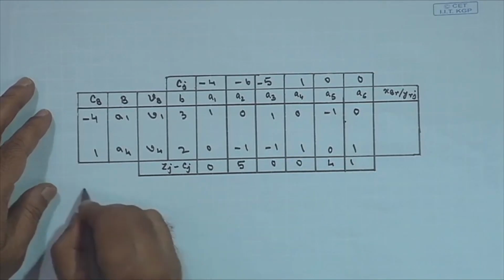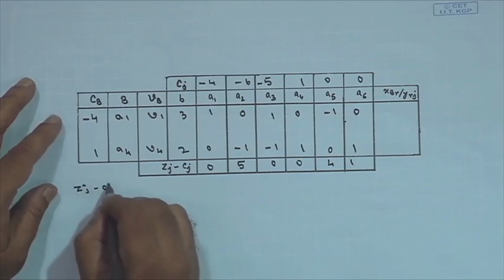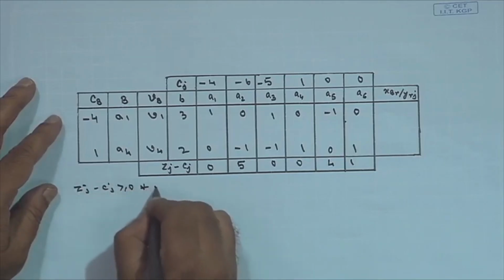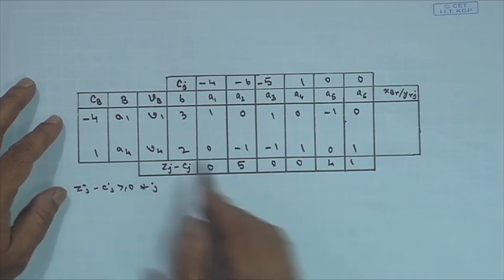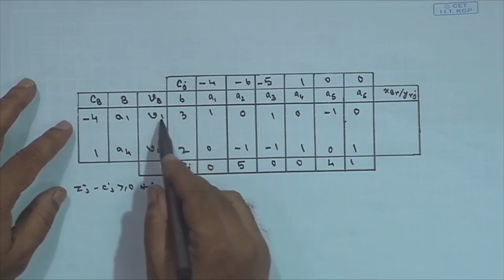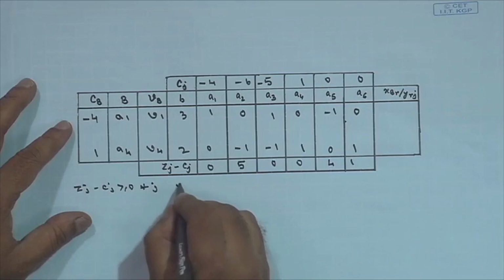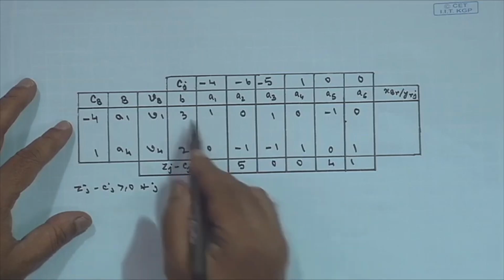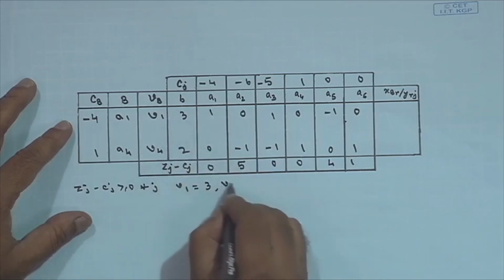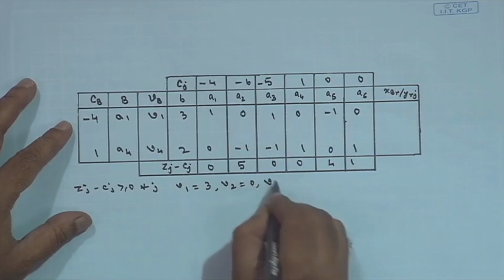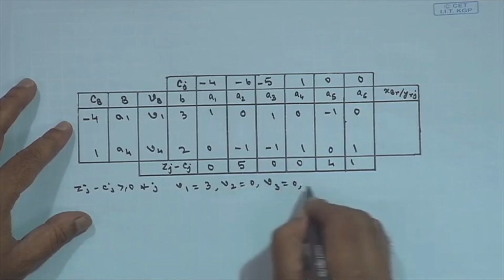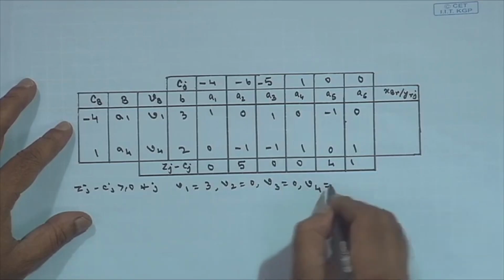So, if you see, Zj minus Cj is greater than or equal to 0 for all j. So, you have the optimal solution. What is the optimal solution? V1 is present here. So, V1 equals, sorry, V1 equals 3, V2 is not present, so V2 is 0, V3 is 0, and V4 again is 2.